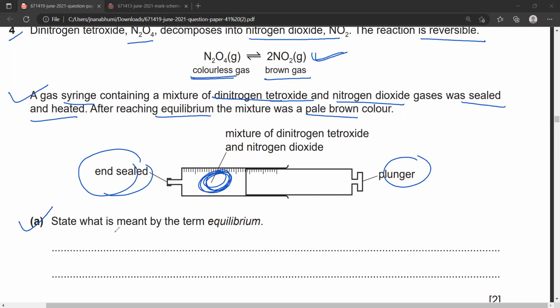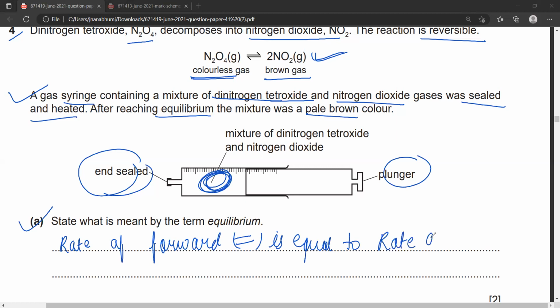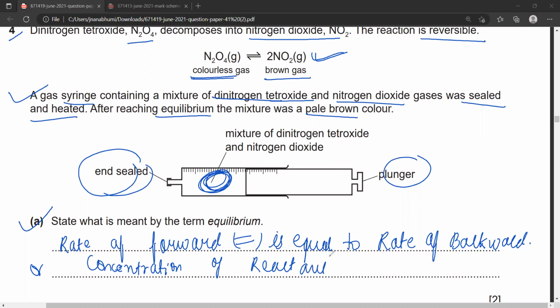Equilibrium means the rate of forward reaction is equal to the rate of backward reaction, or in another way we can write, concentration of reactant is equal to concentration of product.